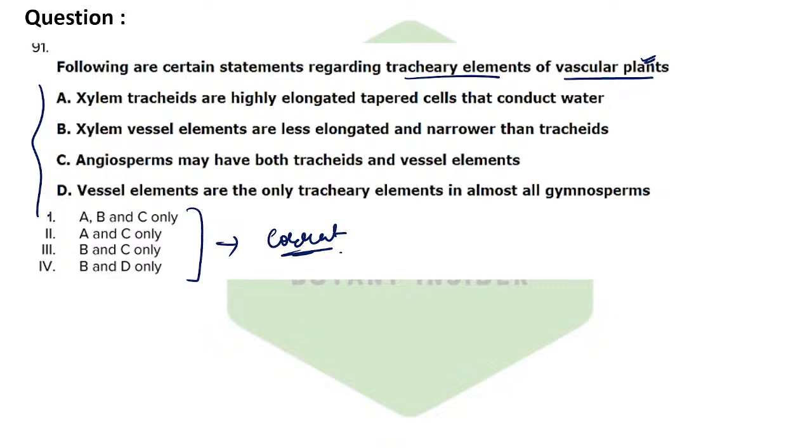Try and mark the answer for the question, everyone. Easy and simple again, not a very difficult question. It's from your basics of plant physiology, where we study the classification of the plants and everything. So the question is from that particular segment. Try it out.